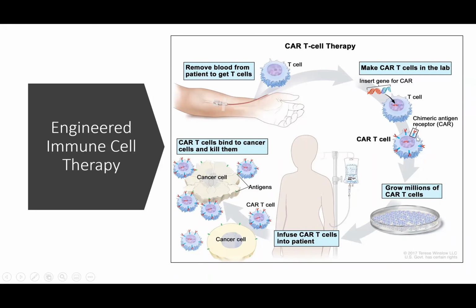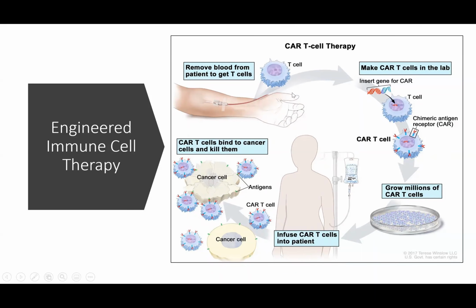This chimeric antigen receptor can bind specifically to tumor-associated antigen expressed by the cancer cell. So we here need to induce expansion and proliferation of CAR T cells in vitro. Then we collect these T cells and reinfuse the CAR T cells, the engineered T cells, into the patient again. And here we activated the T cells and increased their number and activity to be fully active and be able to attack the cancer cells.